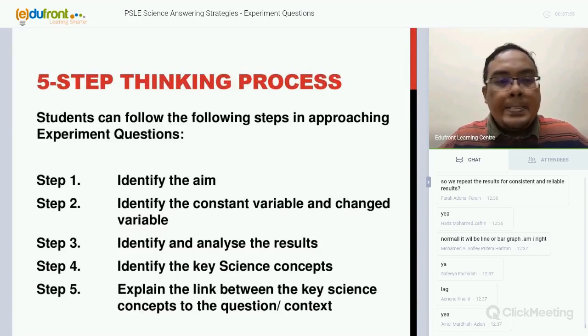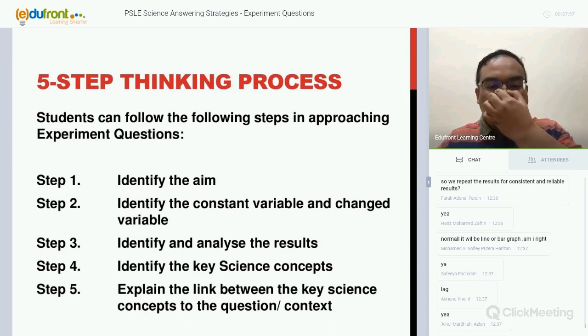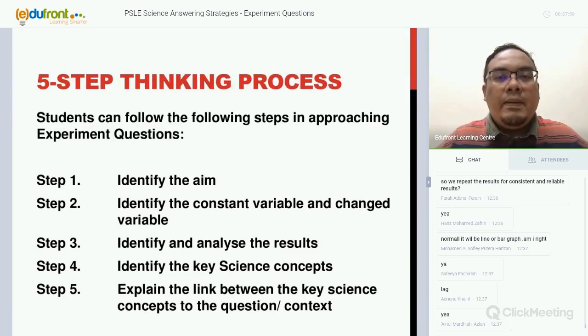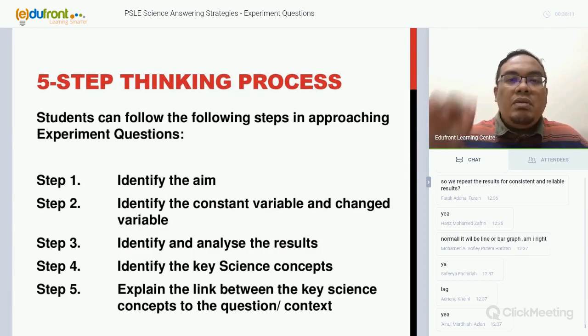Now, number two is identify the constant variable and the change variable. Very important, especially the change variable. If you cannot identify the aim or it's not given clearly, next you identify the change variable. The change variable will give you a clue to the aim of the experiment.